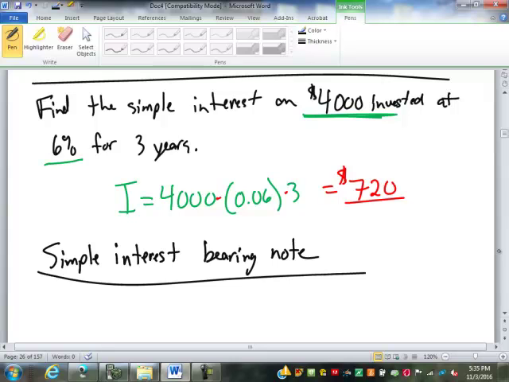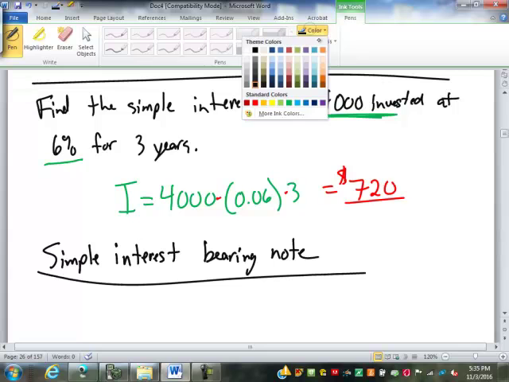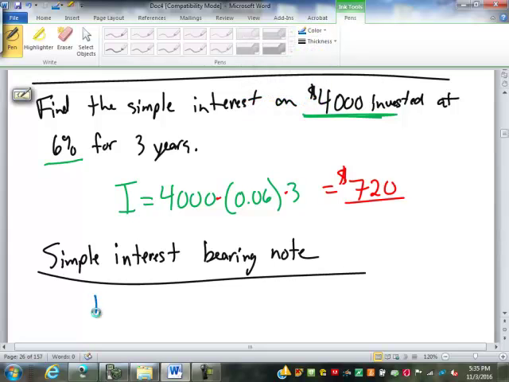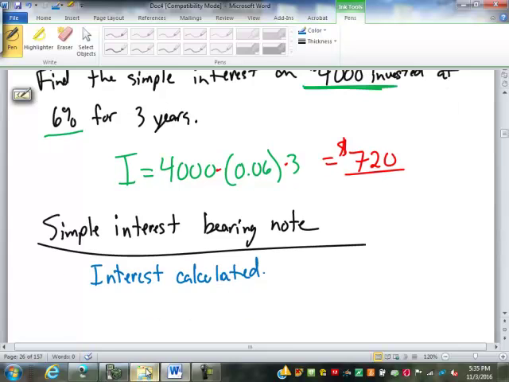But simple interest means the interest is only calculated on one of 2 conditions. One, interest is calculated when there's an action on the note. An action would be a payment or a withdrawal.